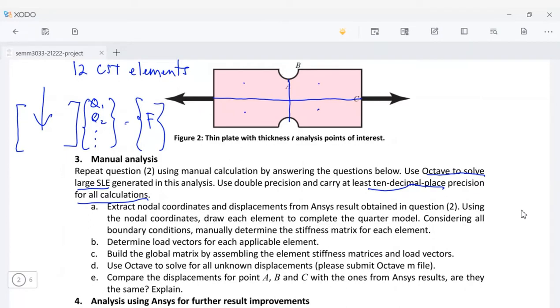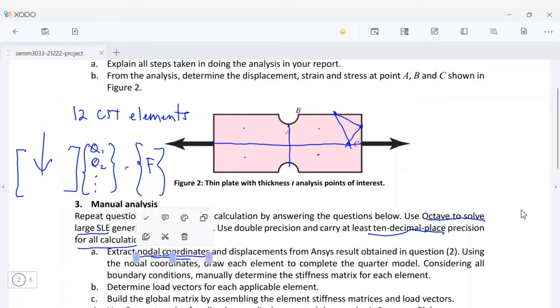So the first thing that you need to do is to extract nodal coordinates. I don't remember if I showed this in my video, but you can take a look at the coordinates for the element. For example, this one. I know what this node is from the input file of ANSYS. ANSYS will tell you what these coordinates are.